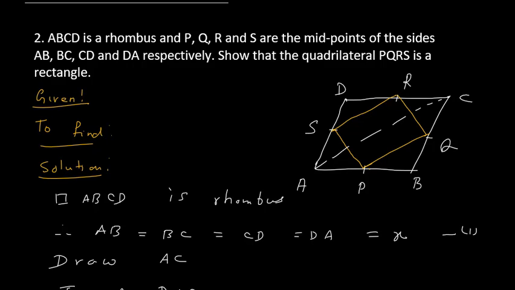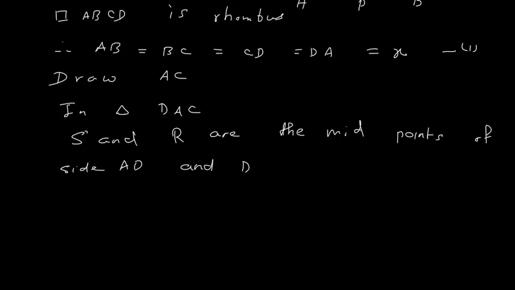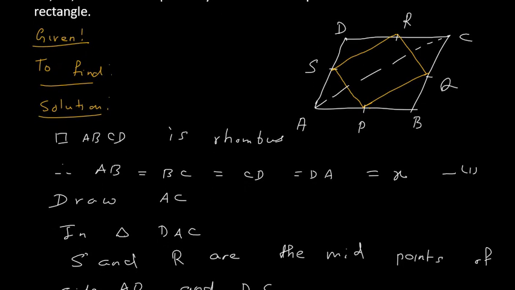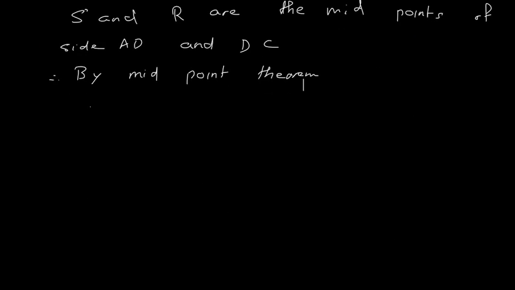So S is the midpoint of AD and R is the midpoint of DC. Therefore, I will use the midpoint theorem. By the midpoint theorem, I will say that SR is equal to half of AC, and SR is parallel to AC.